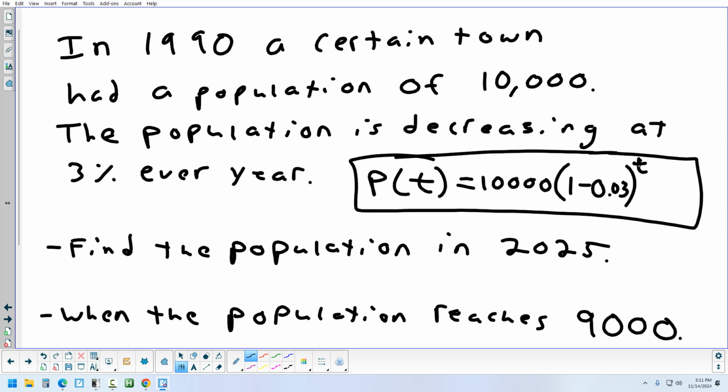Now it says find the population in 2025. To do that, would we be plugging in a number for t or p of t? t. We'd be plugging a number in for t. How would you figure out the number you have to plug in for t?